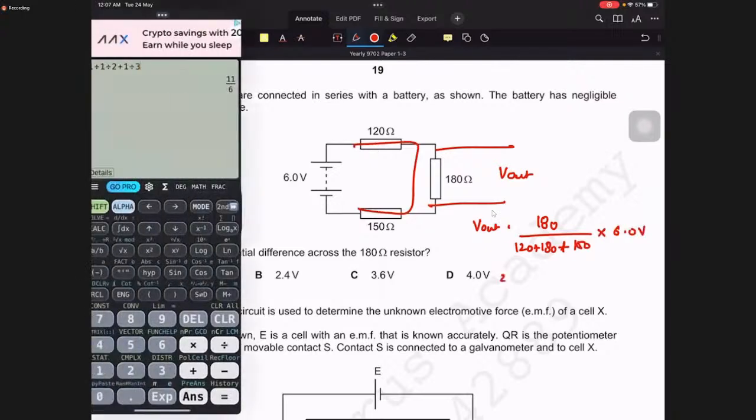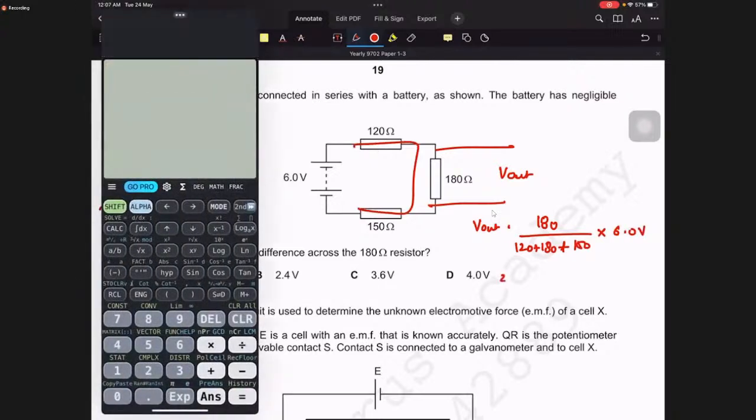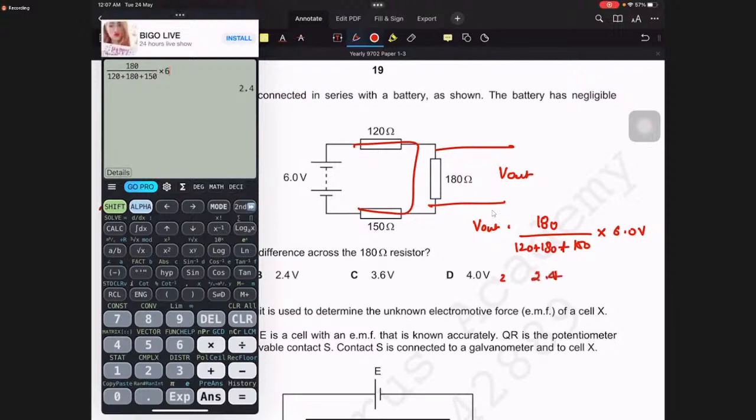That's how it works, okay? That's the potential divider. So 180 divided by 120 plus 180 plus 150, and then you multiply by 6. That has to be 2.4, my friends. B. Very good.